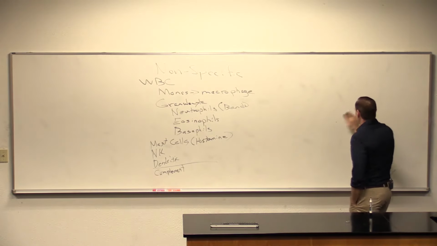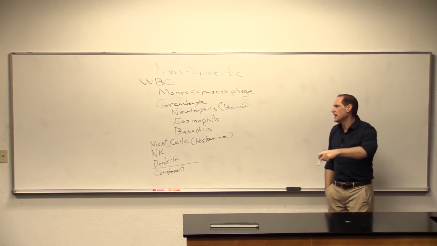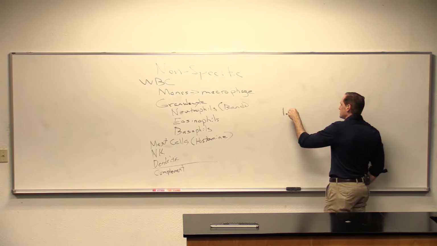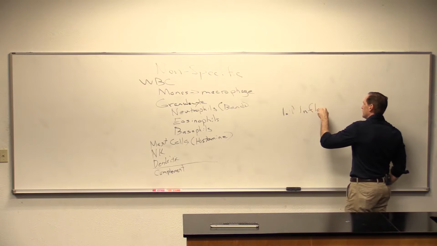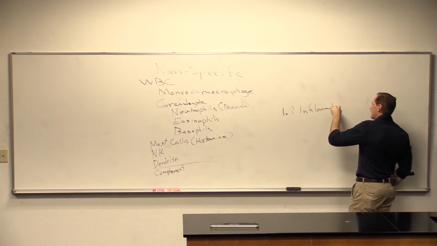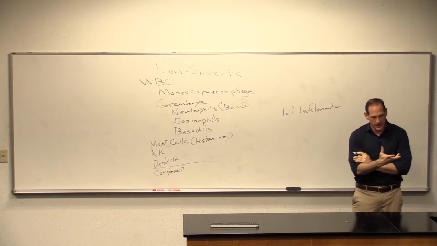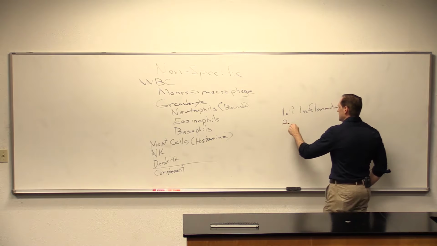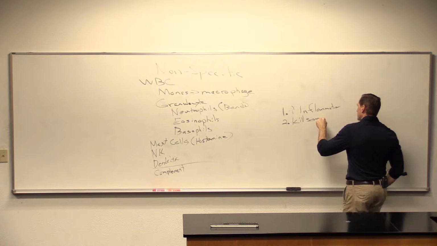So let's talk about the 3 ways that it complements the inflammatory response. The very first thing it does is it increases inflammation. The second thing that it does is that it can actually kill some bacteria.